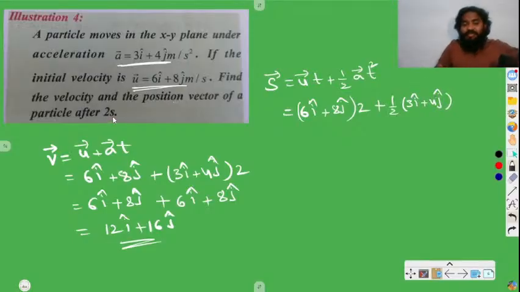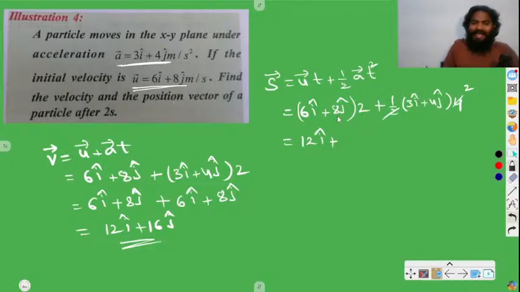T square in the sense 4, 2 seconds, 2 2s are 4, right? This 2 in this 4, 2 times it will cancel. Now what happens here? 6 2s are 12i cap plus 8j cap, means 2 8s are 16j cap, plus 6i cap plus 8j cap.